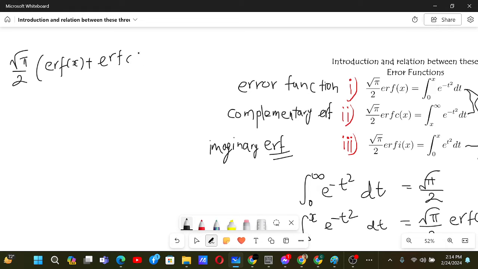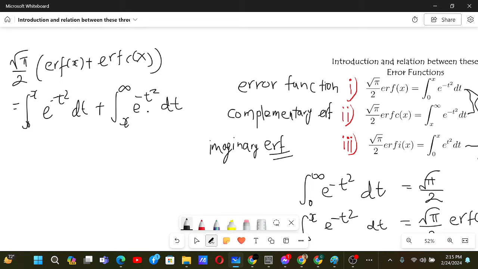Now if we add these two, we will have the integral from 0 to x of e to the power minus t square dt, and then the integral from x to infinity. The first one is the area from 0 to x, and this is the area from x to infinity, so you can add them as the area from 0 to infinity, and so this will just be root pi by 2.